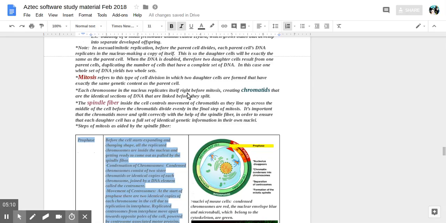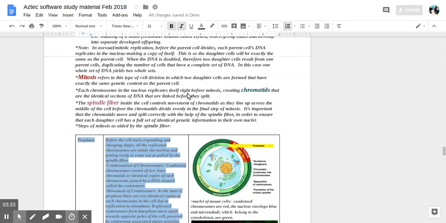and they will have the same number as the parent cells, and the exact same DNA code as well. So all you're doing is duplicating the number of cells. You're not changing around the DNA codes or anything.